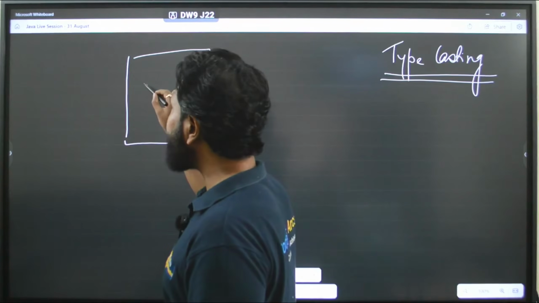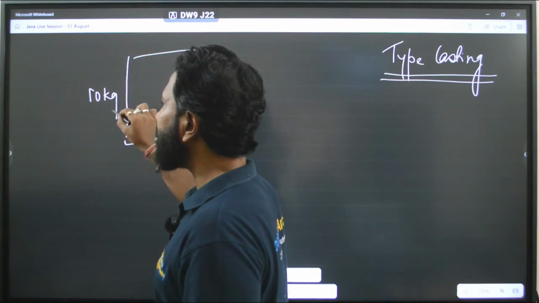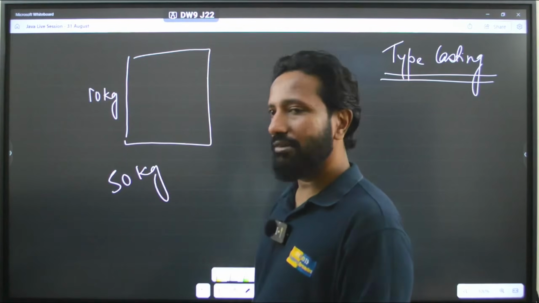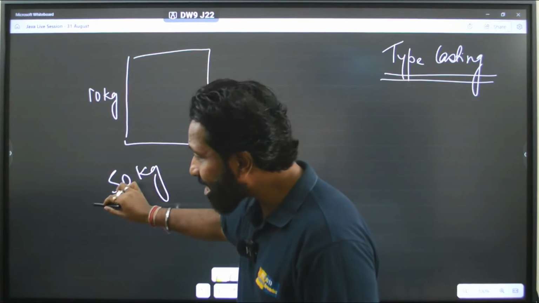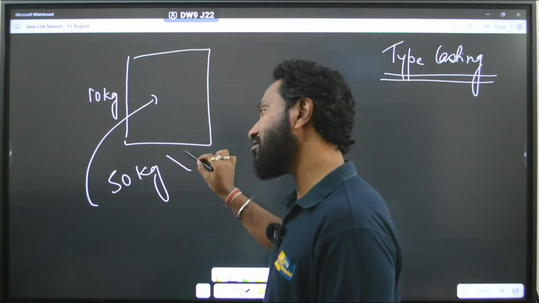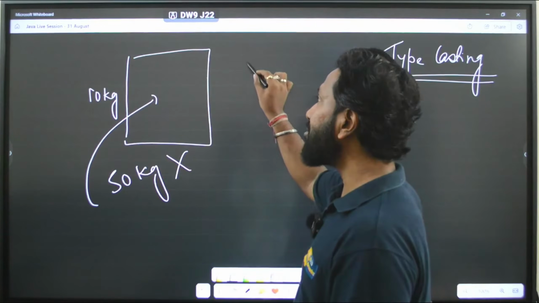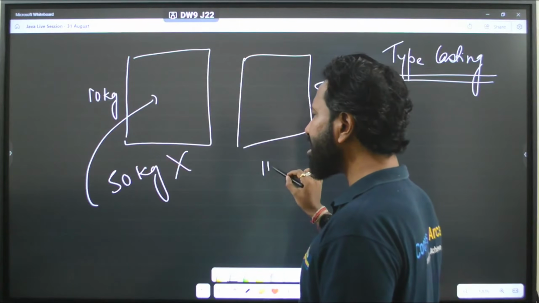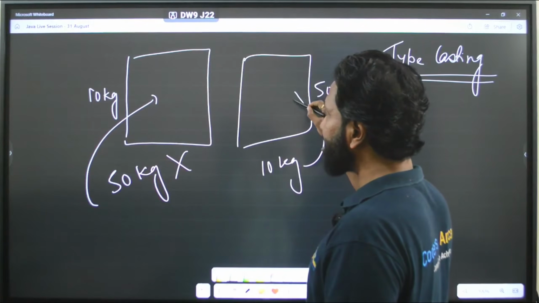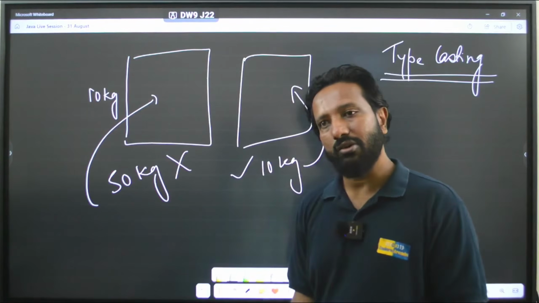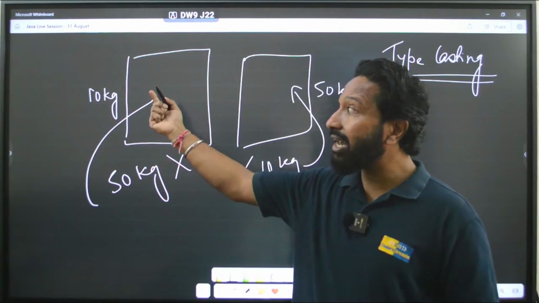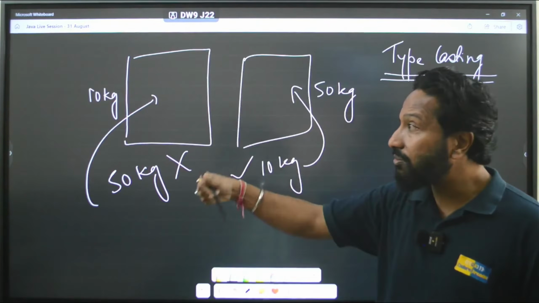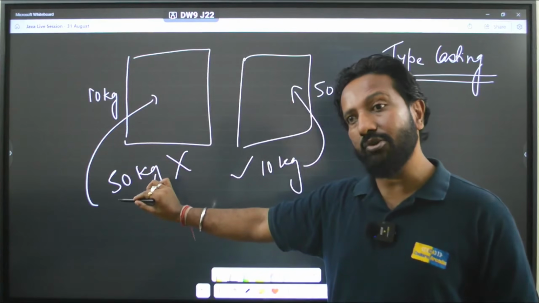I have a 10 kg bag. Can I put 50 kg cement inside this? It is not possible. I have a 50 kg bag. Can I put 10 kg inside it? Absolutely yes, this is possible. Got it? So inside a larger bag I can put a smaller quantity, but inside a smaller bag I cannot put a larger quantity.